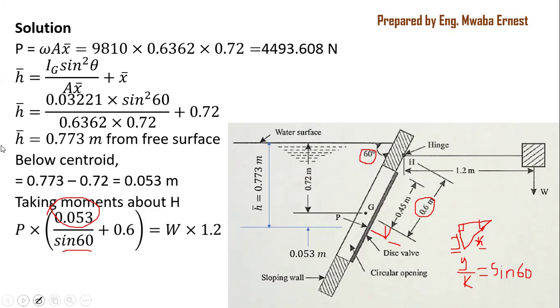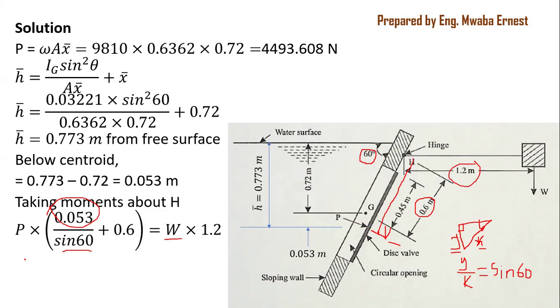Right. So what happens now is that we say P times that perpendicular distance from there all the way to there, giving us 0.6 plus what is coming from there, equals W times this perpendicular distance, 1.2.